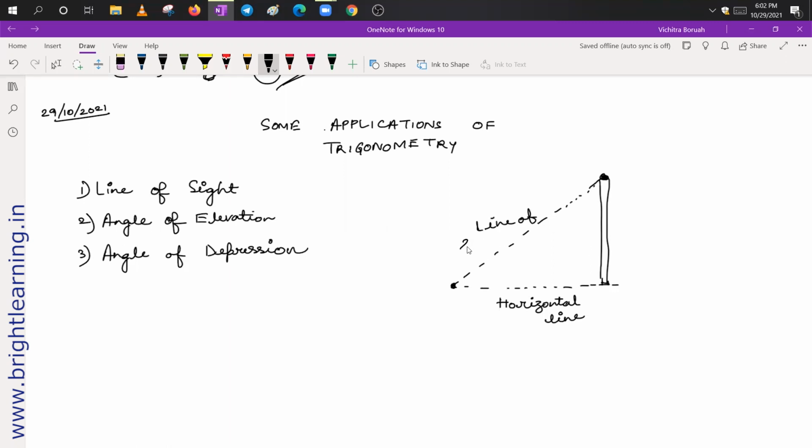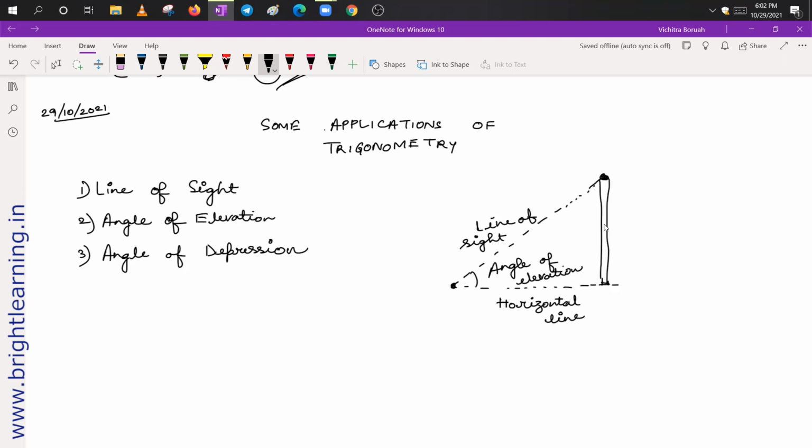And this angle, which is made by the line of sight and the horizontal line, is called the angle of elevation. Okay, so this is the case when we are looking in the upward direction.